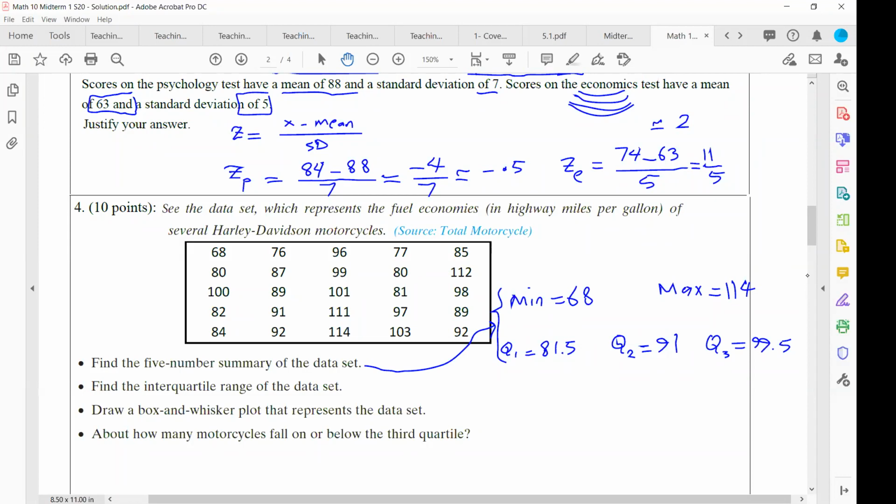Part 2, it says find the interquartile range, which is Q3 minus Q1. So 99.5 minus 81.5, which is 18.